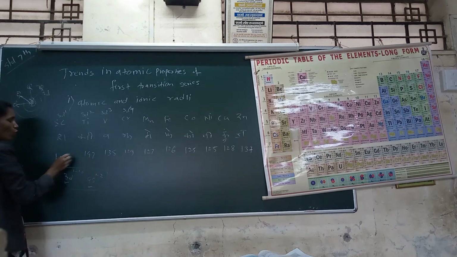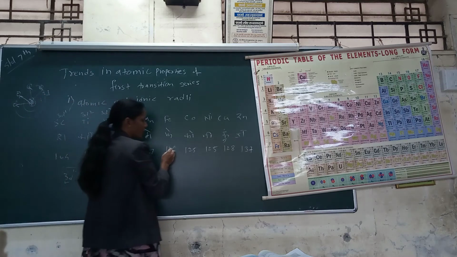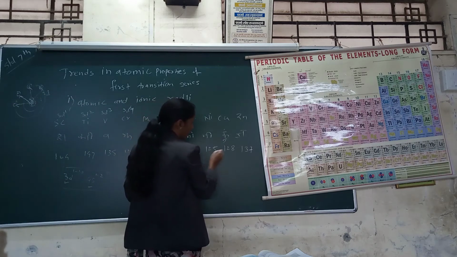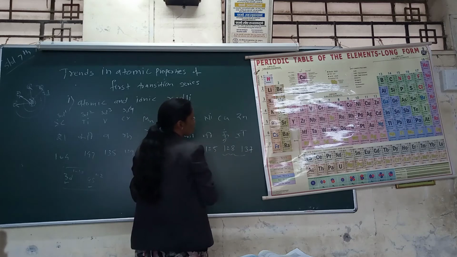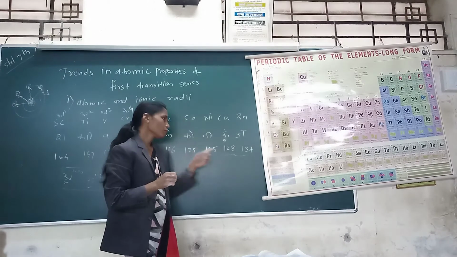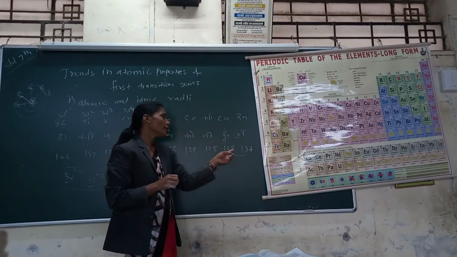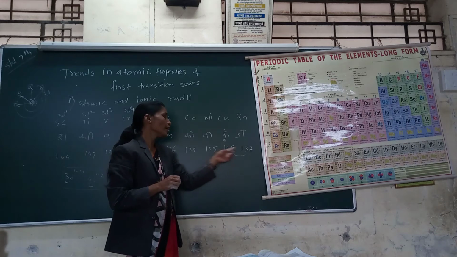Scandium 164, 147, titanium 135, 129, 127, 126, 125, and again a small increase, 128 and 137. This is due to the penultimate shell, due to the screening effect.